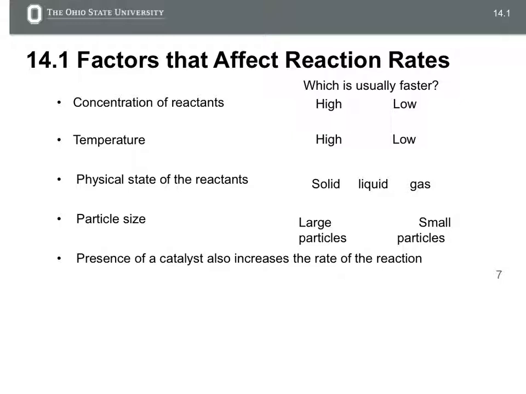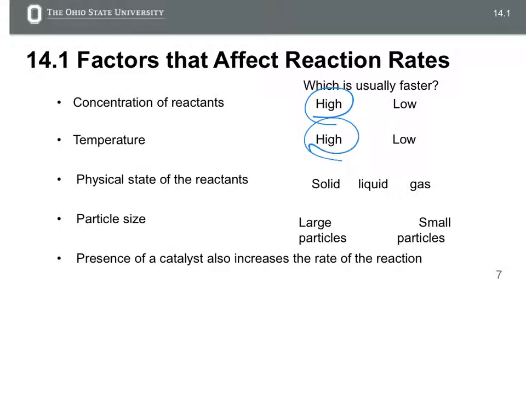Okay, so in terms of concentration, if we're thinking about collisions in a container of some kind, a container with a higher concentration of reactants will lead to a faster reaction rate. Okay? More molecules able to react with each other, faster. What about temperature? Higher.